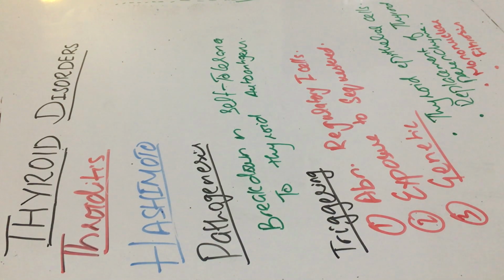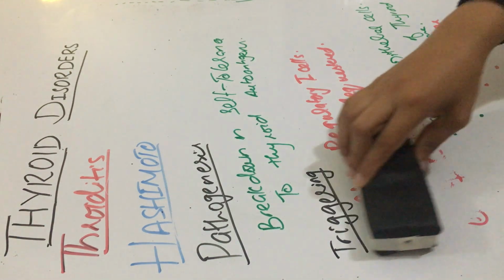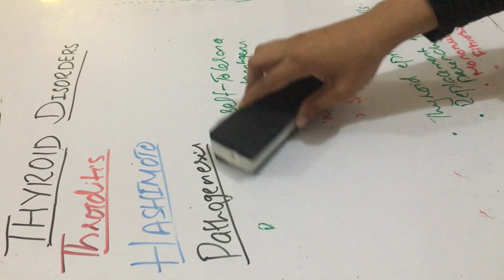As a result there would be the apoptosis and depletion of thyroid epithelial cells, and the whole thyroid parenchyma would be replaced by mononuclear cell infiltrates, that is lymphocytes, plasma cells, T lymphocytes, and widespread fibrosis would occur.